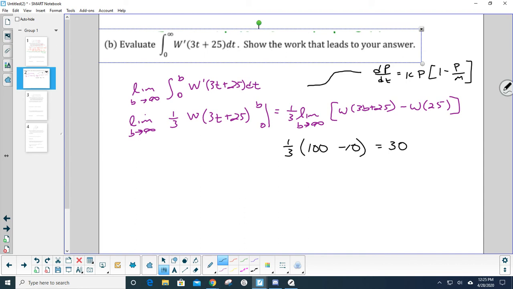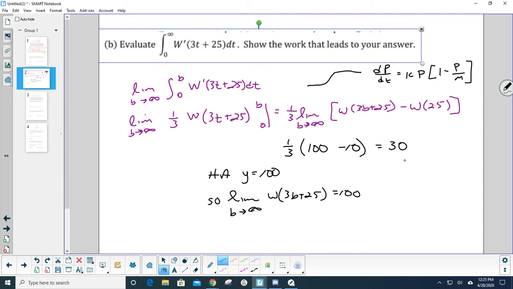So what I have is a logistic differential equation with a horizontal asymptote at y equals 100 because of that limiting factor right there. So the limit as b approaches infinity of W(3b plus 25), that we just found, is going to equal 100, and that's why that 100 shows up right there. So this is b. There's my answer.